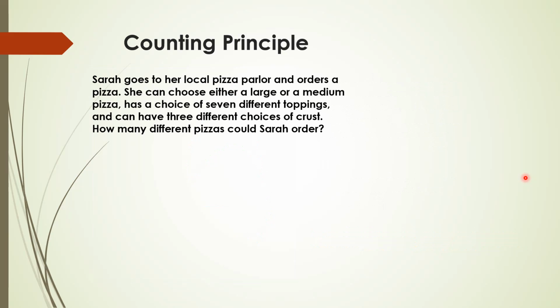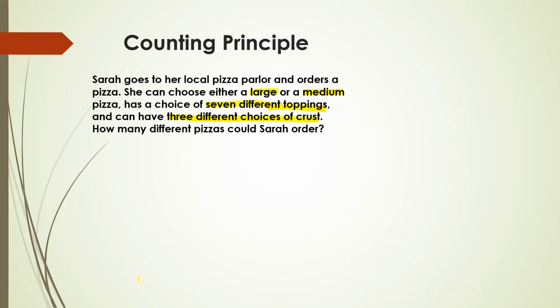Let's look at another example. Sarah goes to a local pizza parlor and orders a pizza. She can choose either a large or a medium pizza. She has a choice, so there's one of 2 choices, large or medium. Let me get my highlighter out there. Let's highlight them. Okay, so there's already 2 in terms of size. She has a choice of 7 different toppings, okay, and can have 3 different choices of crust.